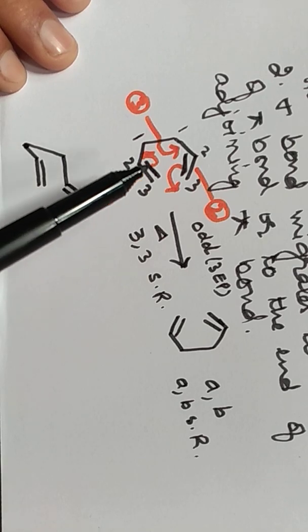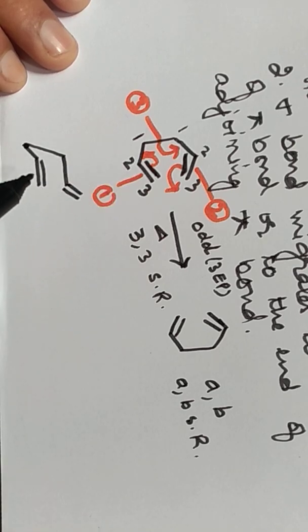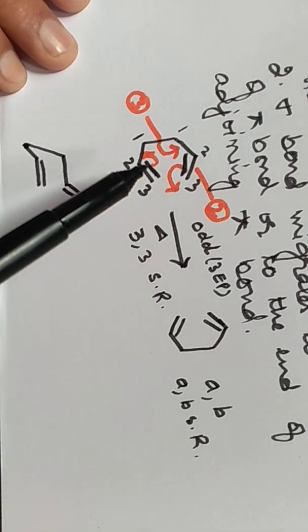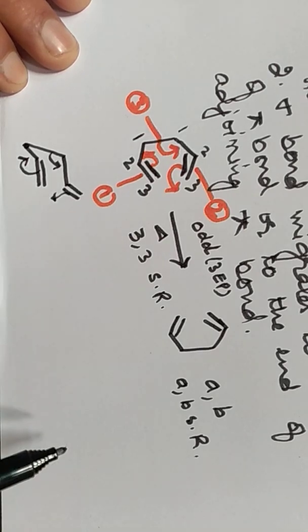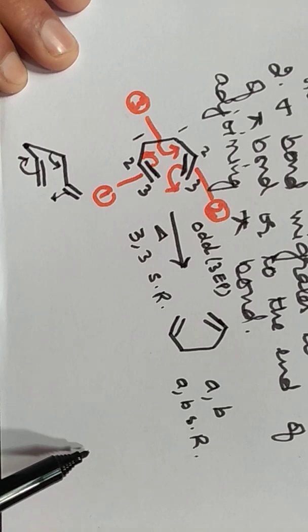We can write this structure like this. This structure is the same as this structure. We can write this structure like this also. So in this case, what happens? This bond shifts to this side, this bond shifts to this side, and this bond shifts to this side, right? We get a product like this.